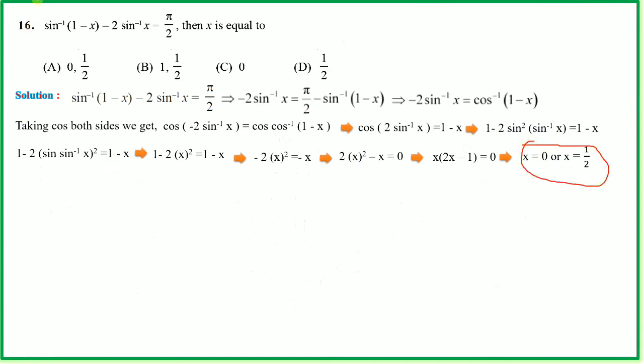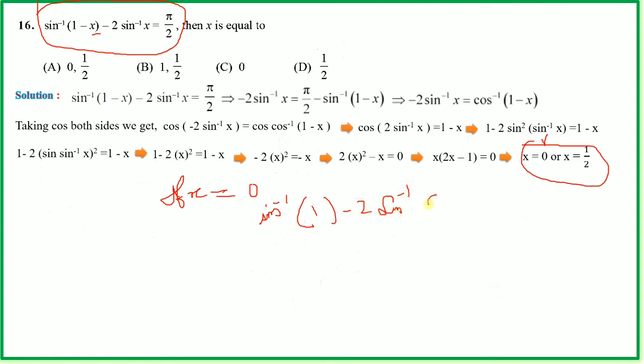What do we need to check? We need to check this particular relationship. So if x is equal to 0, first we take x is equal to 0, then we put the value of x in the left hand side of the 16th question. So sine inverse 1, since x is 0, minus 2 sine inverse 0.